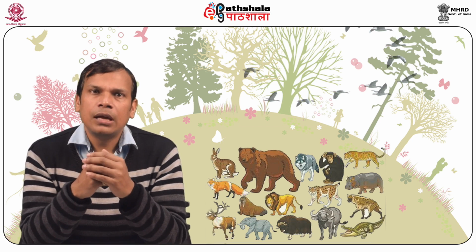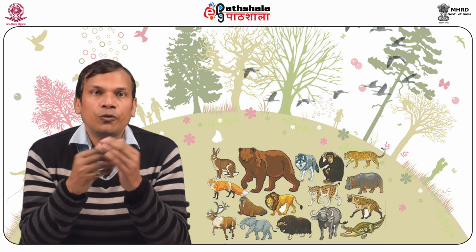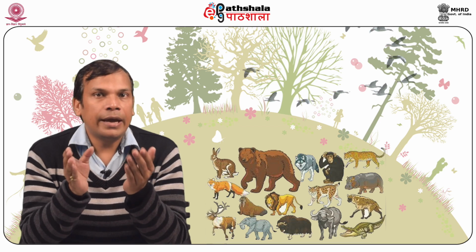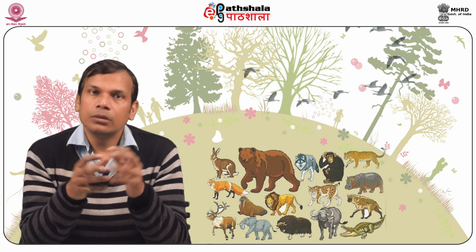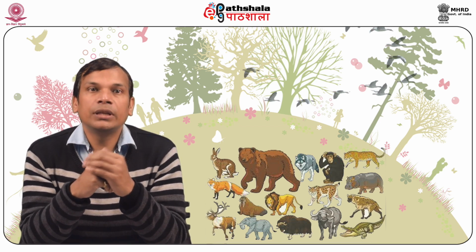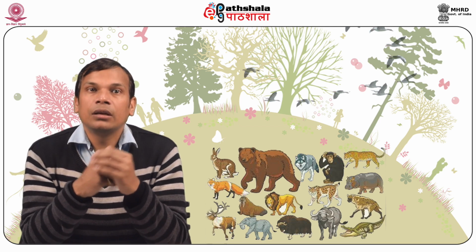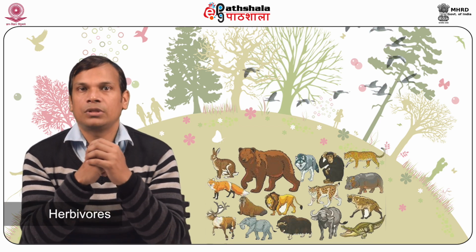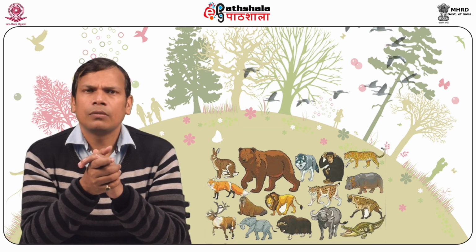For example, uptake of nitrogen by plants is governed by the rate at which it becomes available in the soil. The nitrogen is utilized by plants for the synthesis of organic matter, which is consumed by herbivores, which in turn are eaten by carnivores.